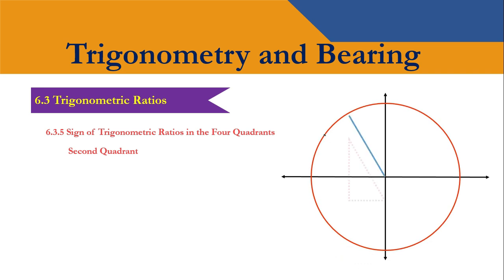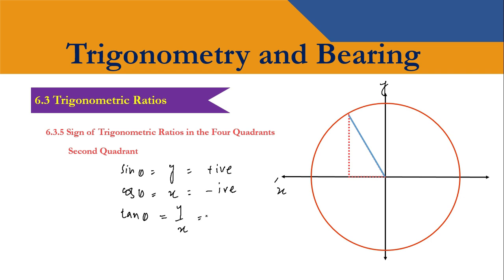Now let's see the second quadrant. In the second quadrant, x is negative and y is positive. So sine theta is equal to y, which is a positive value. Similarly, cos theta is equal to x, and our x is negative here, so the value of cos theta is negative in this quadrant. And tan theta is the ratio of y divided by x, and y is positive but x is negative, so the overall answer is negative.